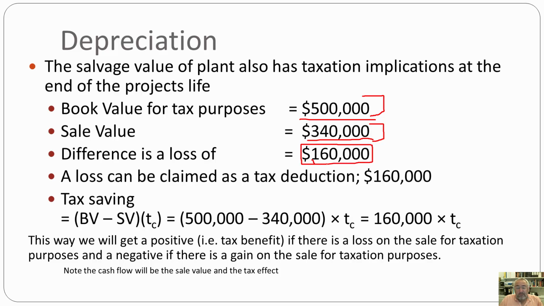Now, that loss is effectively saying that you haven't done enough depreciation over the life of the asset. When you calculated your depreciation, you recognized a value loss or a consumption of service down to 500, but it turns out when you sold it, it's only worth 340. So there's actually been a bigger loss of service than you claimed. Now, that loss is something that is deductible for tax purposes.